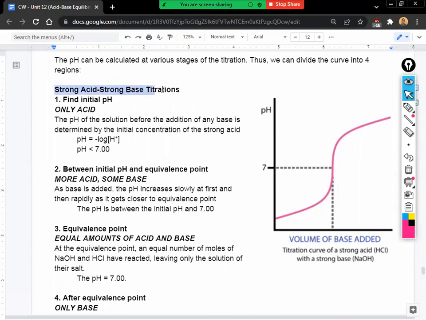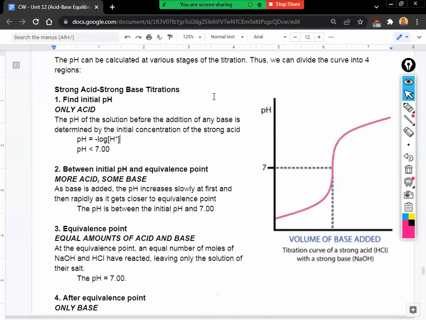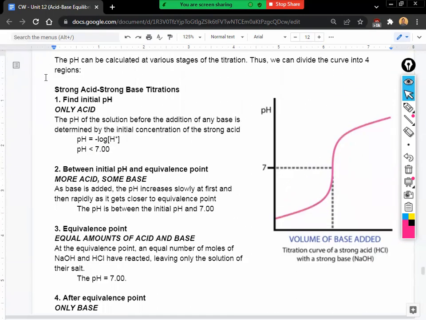Strong acid to strong base. Basically, since strong acids and strong bases dissociate completely, right? It's very easy for us to find out how many moles of H we added, how many moles of OH we added. Okay, and so when we have a strong acid, strong base titration, it's a very simple calculation. We just need to figure out how much H plus or OH minus is in there. That's going to let us find the pH.